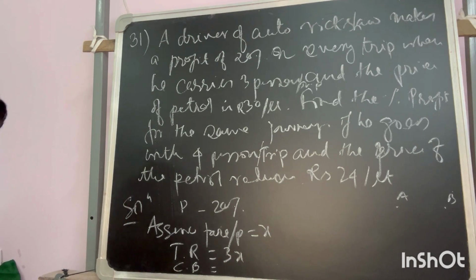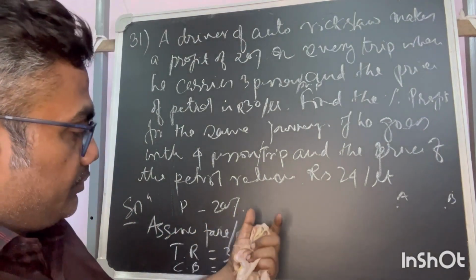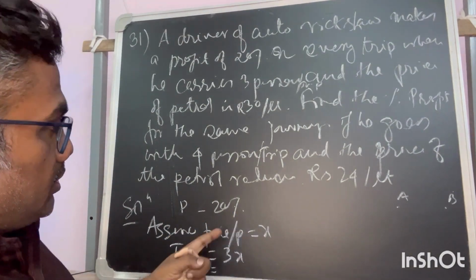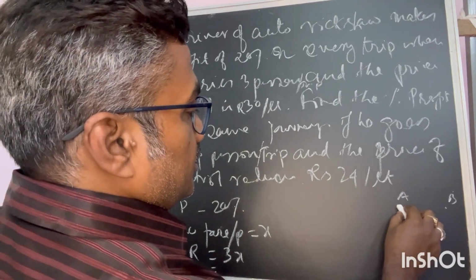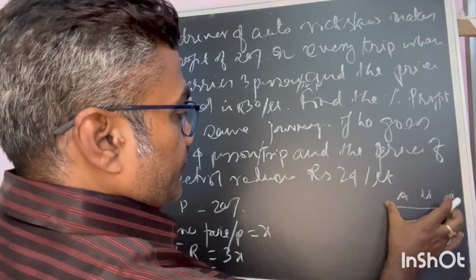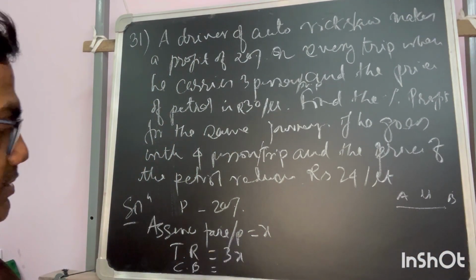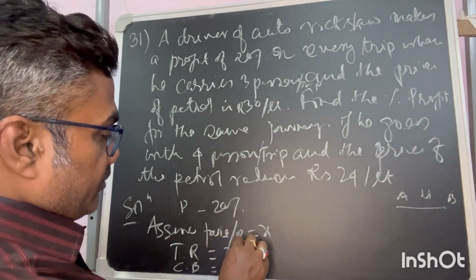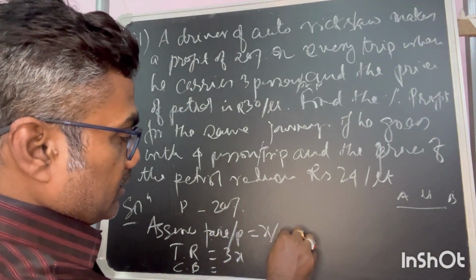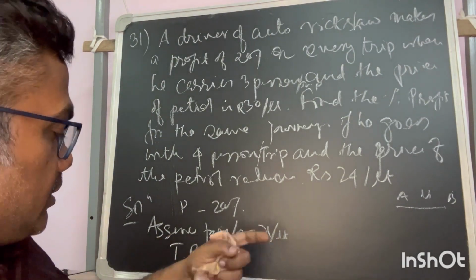Whichever way I relate it, I can assume that for consuming 1 liter of petrol, the proportional value of the fare per person is X per liter, because I am keeping the same units for all cases.